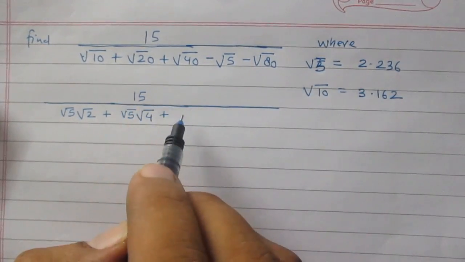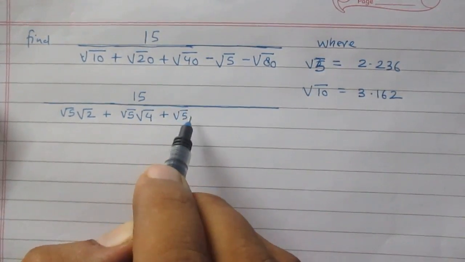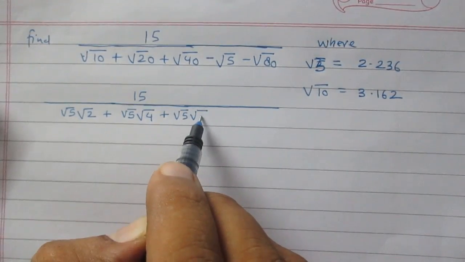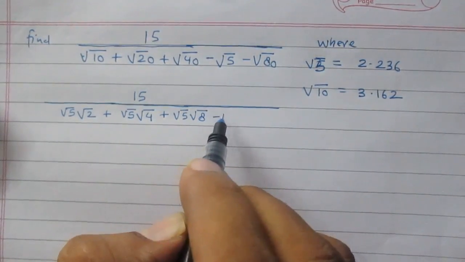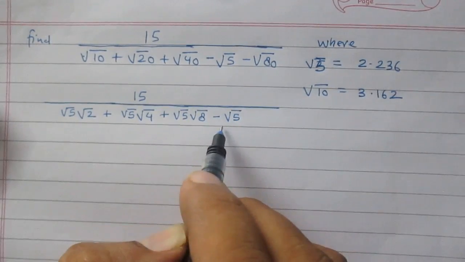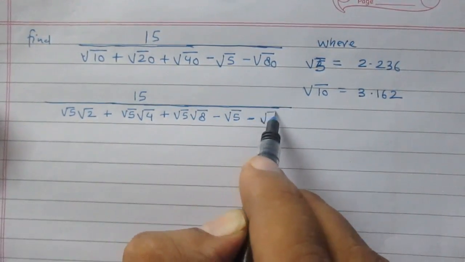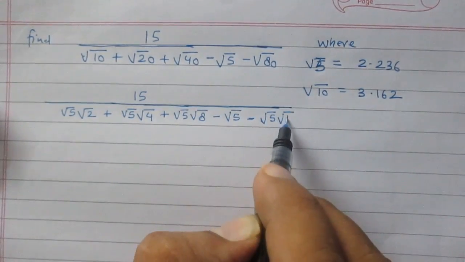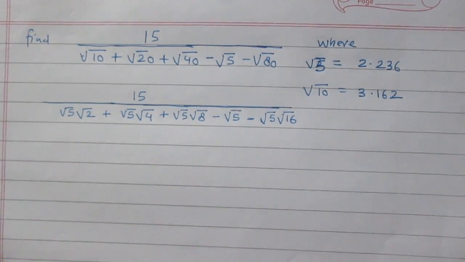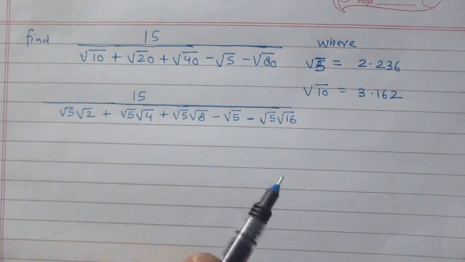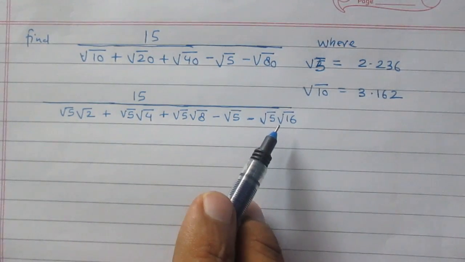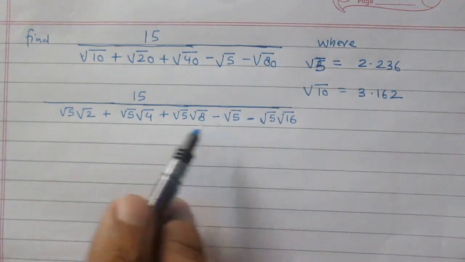Similarly, square root 40 is square root 5 multiplied by square root of 8. Then simply minus square root 5, and last, square root 80 is square root of 5 multiplied by square root of 16. Here we see that in the denominator all the terms have square root 5.